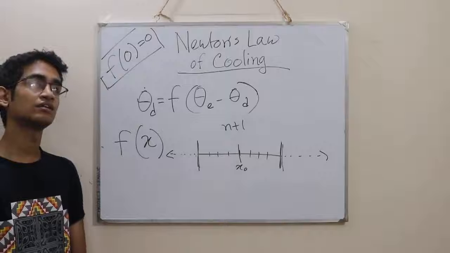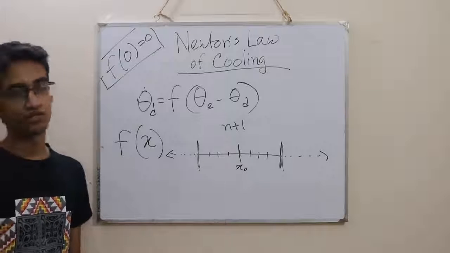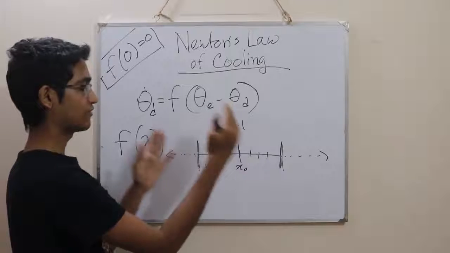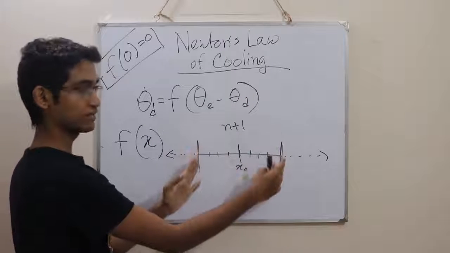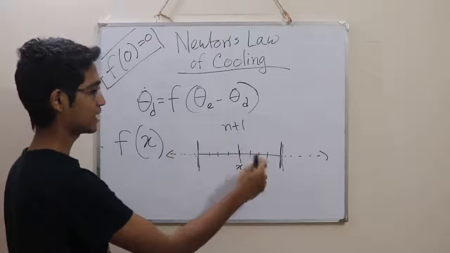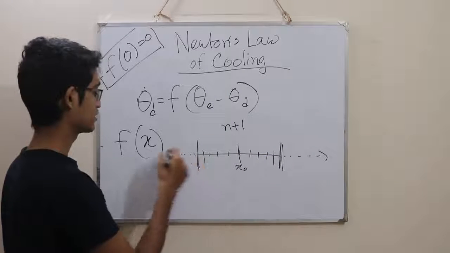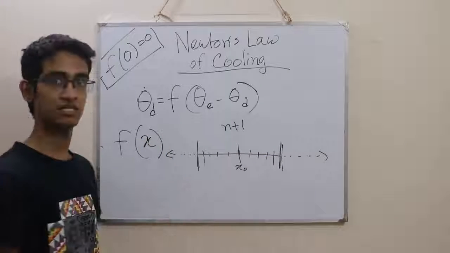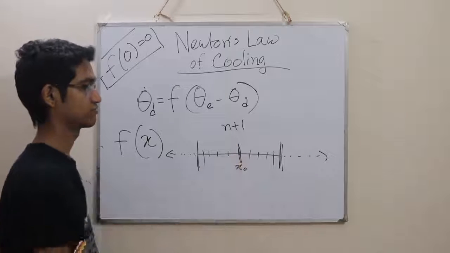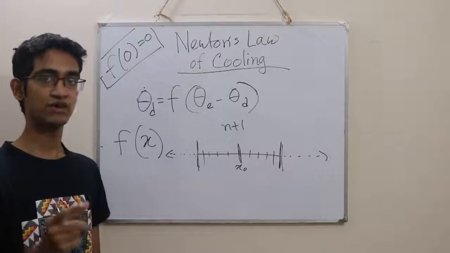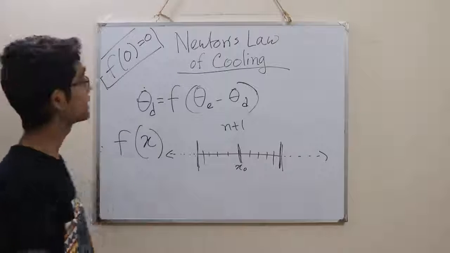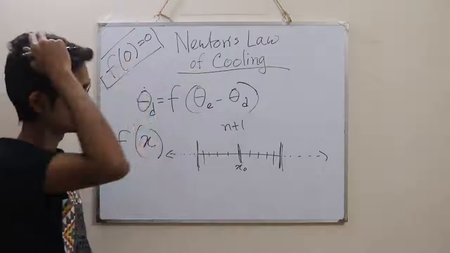These are the three requirements. There has to be a defined interval. On that interval, there have to be n plus 1 points at which f of x can be differentiated, and one of those points must be x naught. What is x naught? X naught is a value for which we know the value of the function, and in that case x naught is 0.